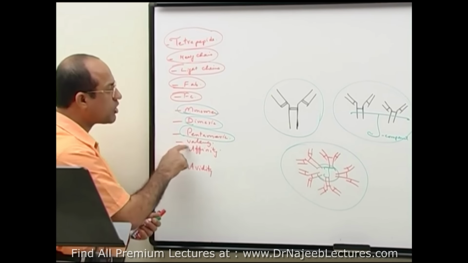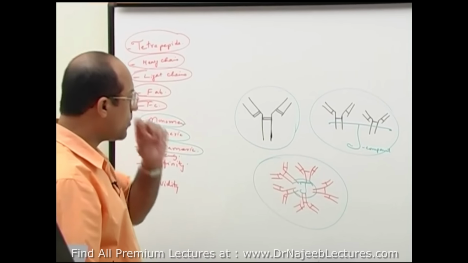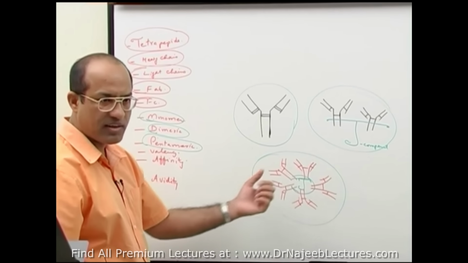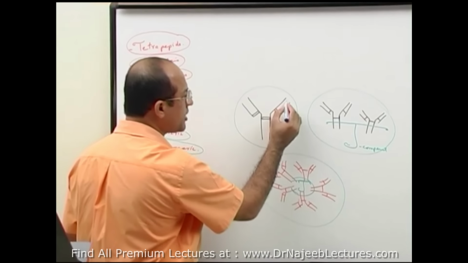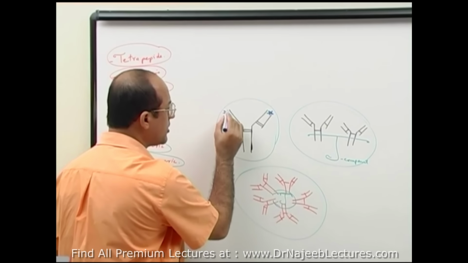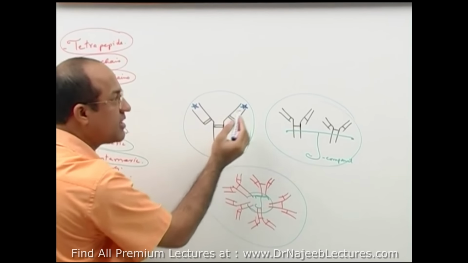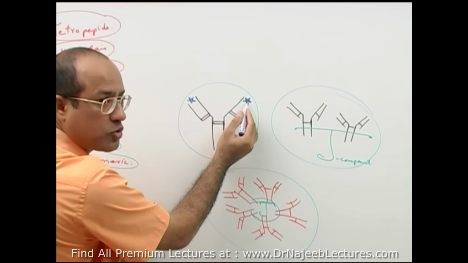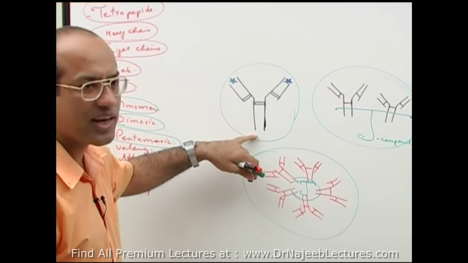Now we have to develop the concept of valency also. Valency means how many antigens one antibody molecule can bind. For example, this can bind with how many antigens? Only 2. So we say this monomeric molecule has 2 valencies. So we say this monomeric molecule is divalent.